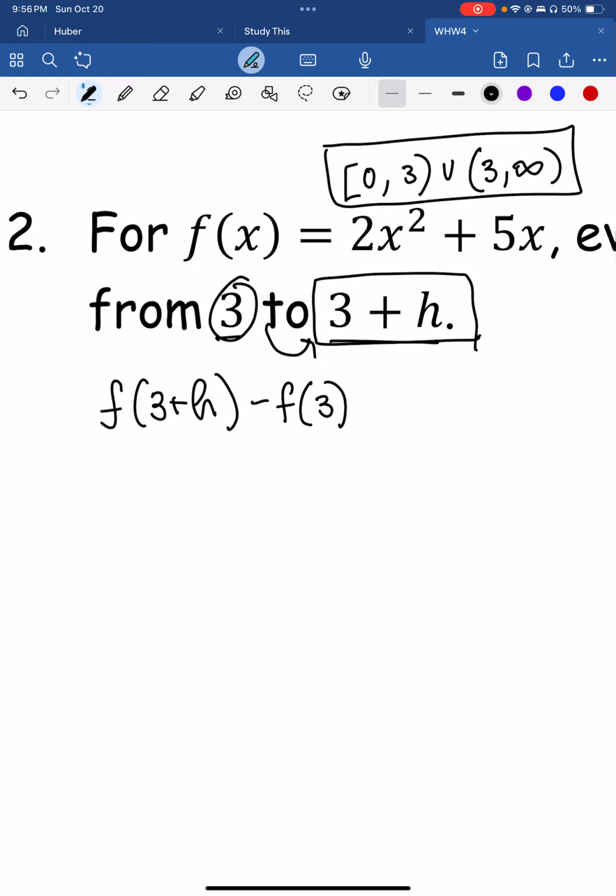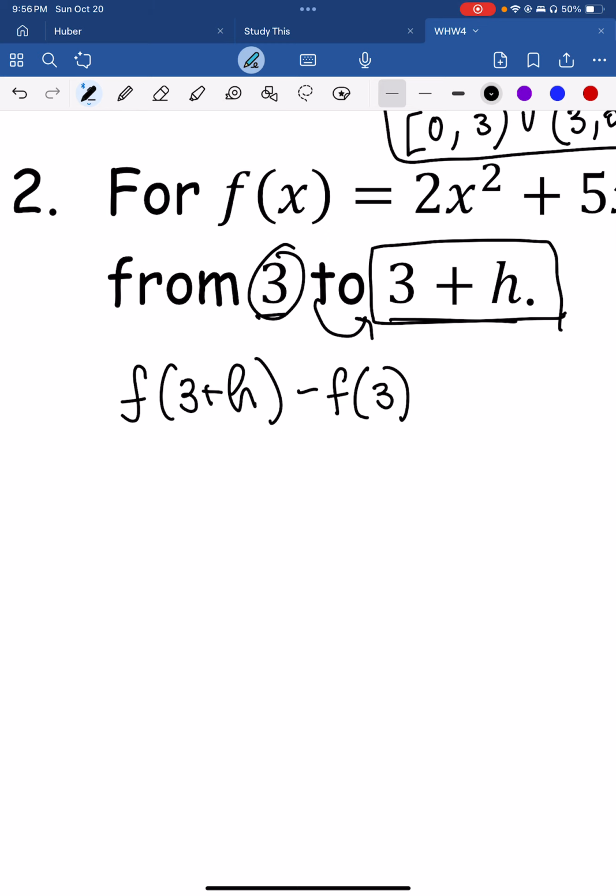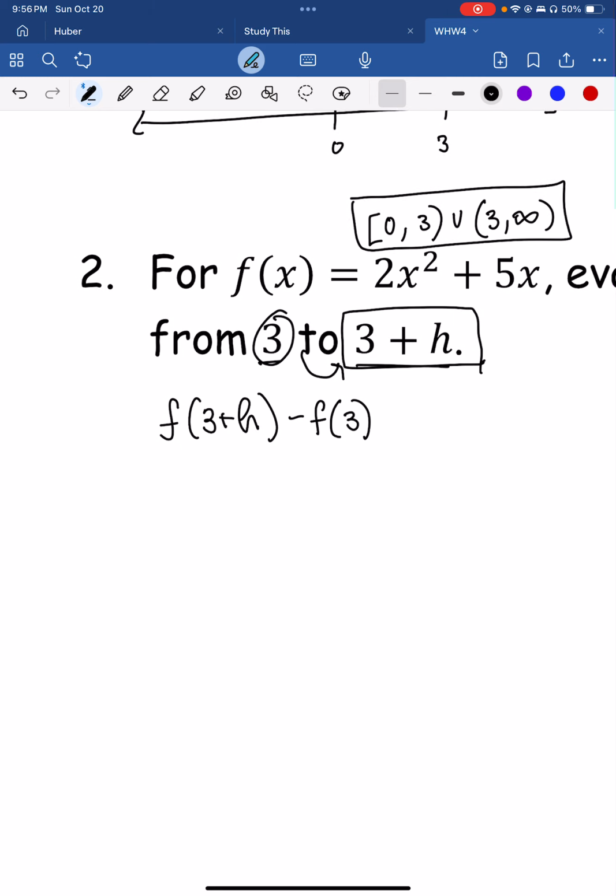To do this, typically the structure is f of x equals a function. x is just something that you plug into the space. It's a function of x. So in the same way we can say f of x equals 2x squared plus 5x, we can also say function of 3 plus h because it's a function of 3 plus h.